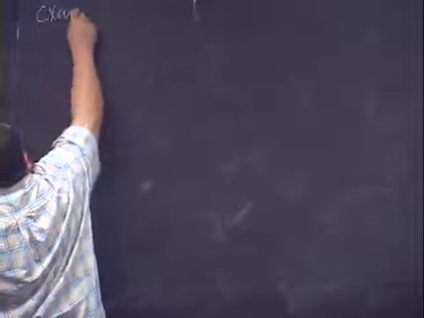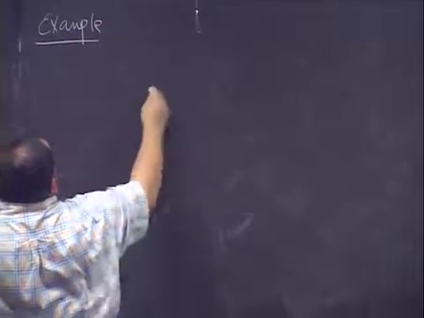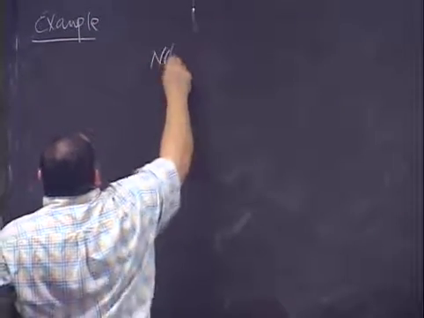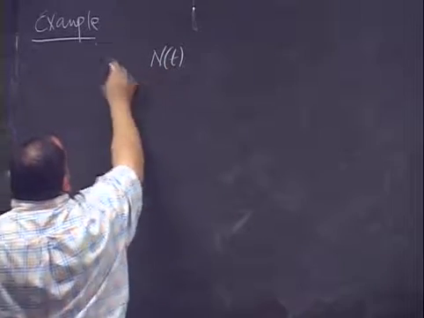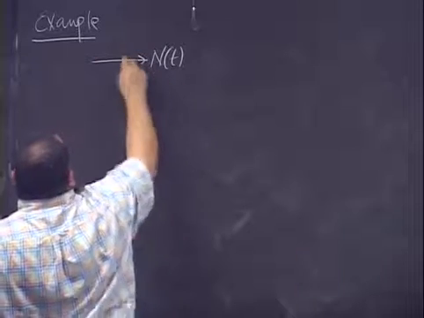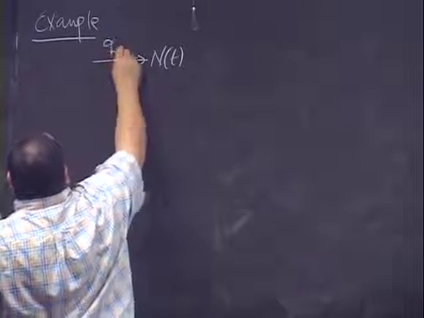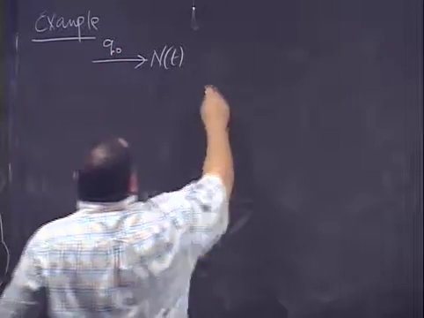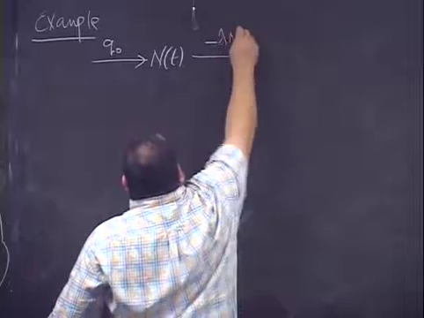Okay, guys. So to take an example, which is the radioactive decay for a nucleus. If you have some radionuclide at time t, they are N of t, you are producing this radioisotope by a certain production rate, which is Q naught, a constant, and then you decay by negative lambda multiplied by N of t.